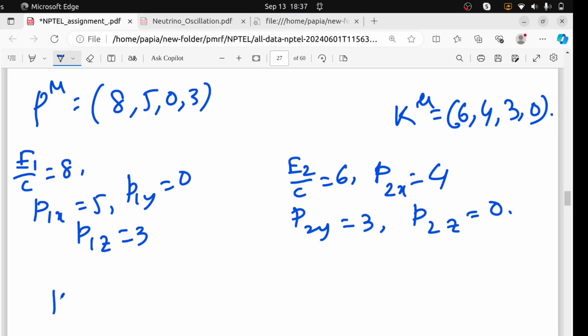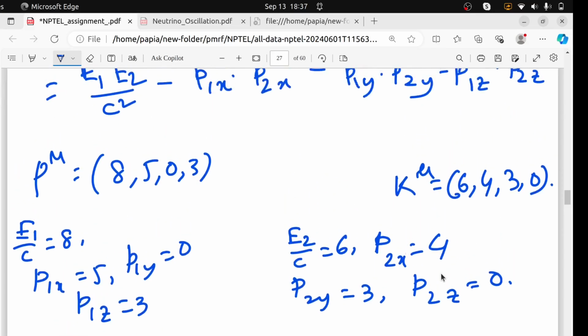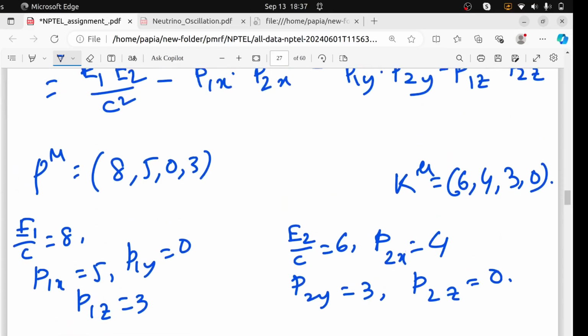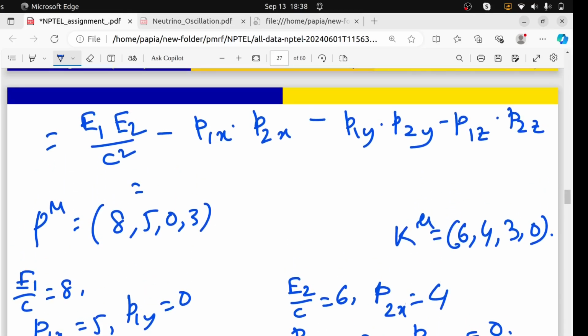So P mu dot K mu. I have already written the expression: E1 E2 by C square. So I am writing here only the present values. 8 into 6 by C to the power 4 minus P1x P2x, P1x P2x is 5 into 4, minus 0 into 3, minus 3 into 0.